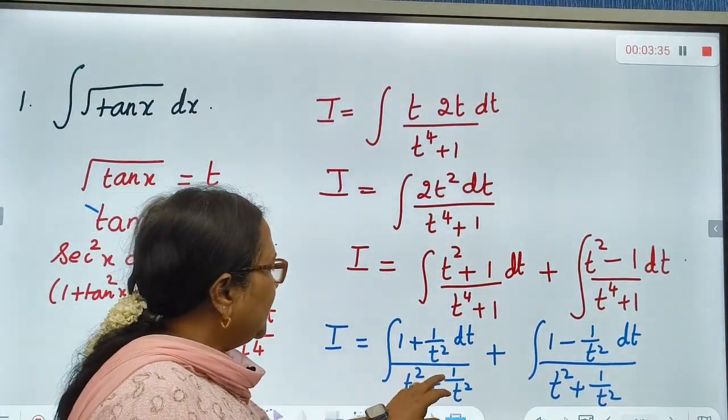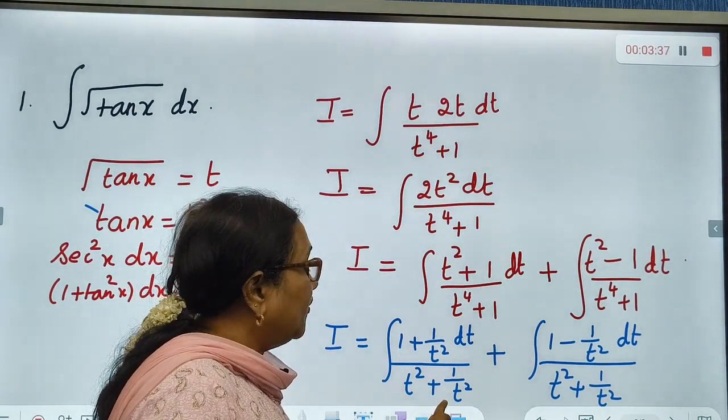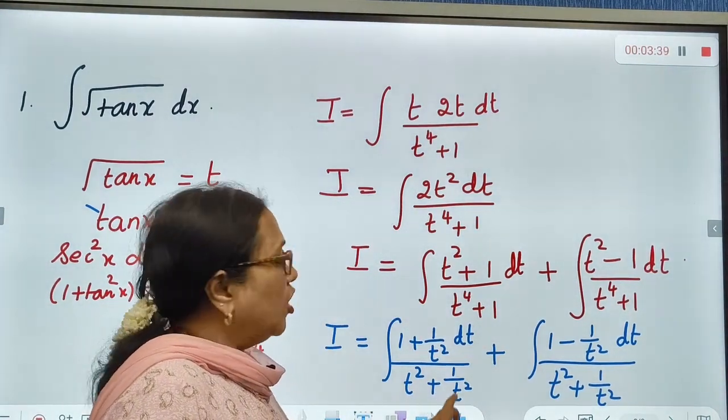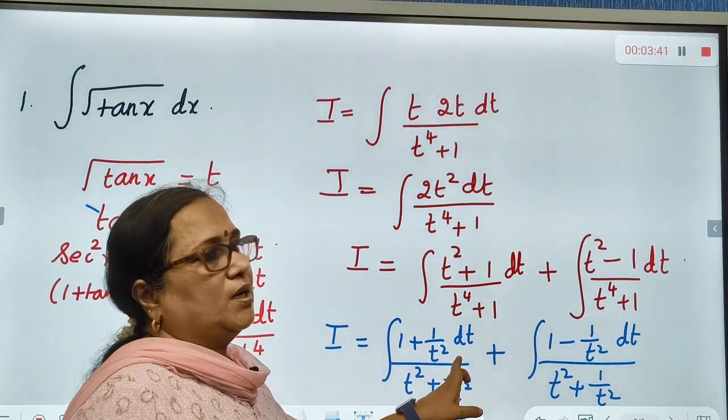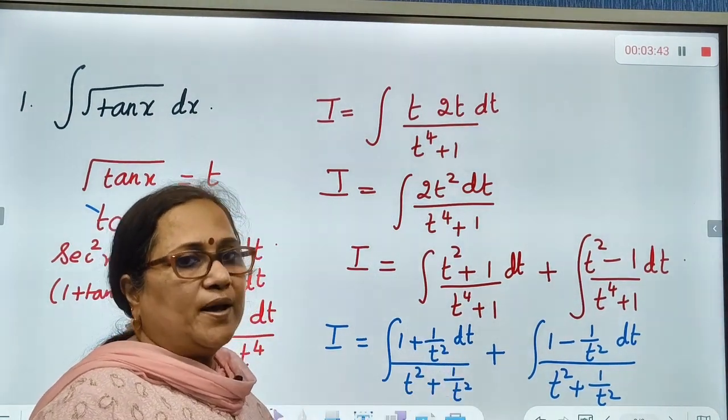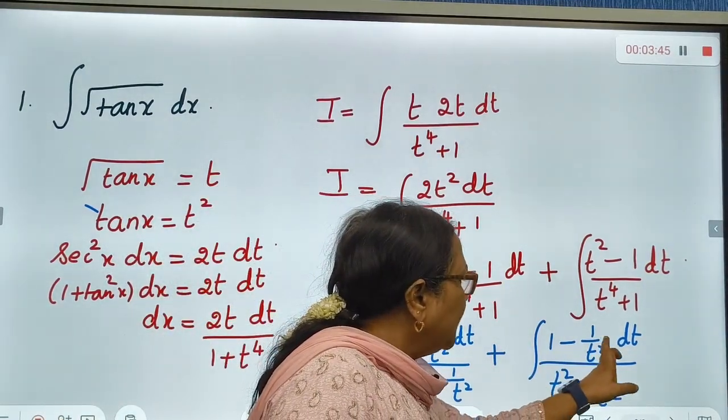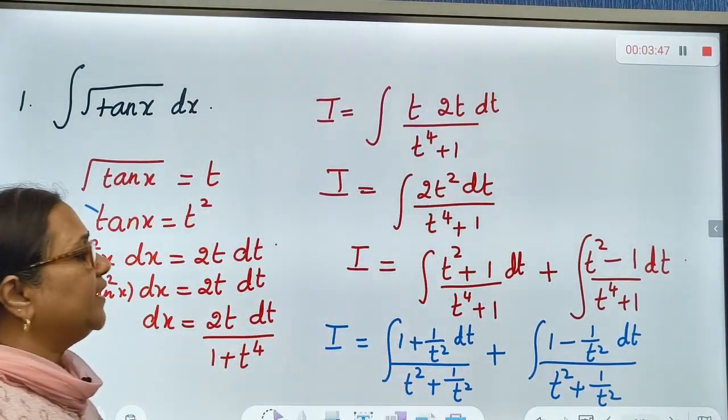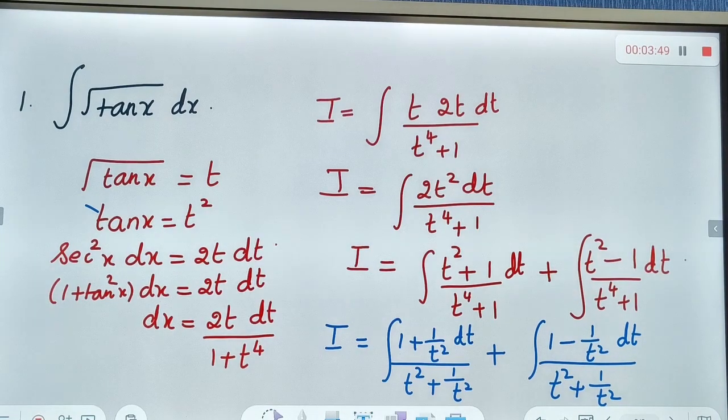Now I am going to write this in terms of t minus 1 by t, because 1 plus 1 by t square is the derivative of t minus 1 by t. 1 minus 1 by t square is the derivative of t plus 1 by t.